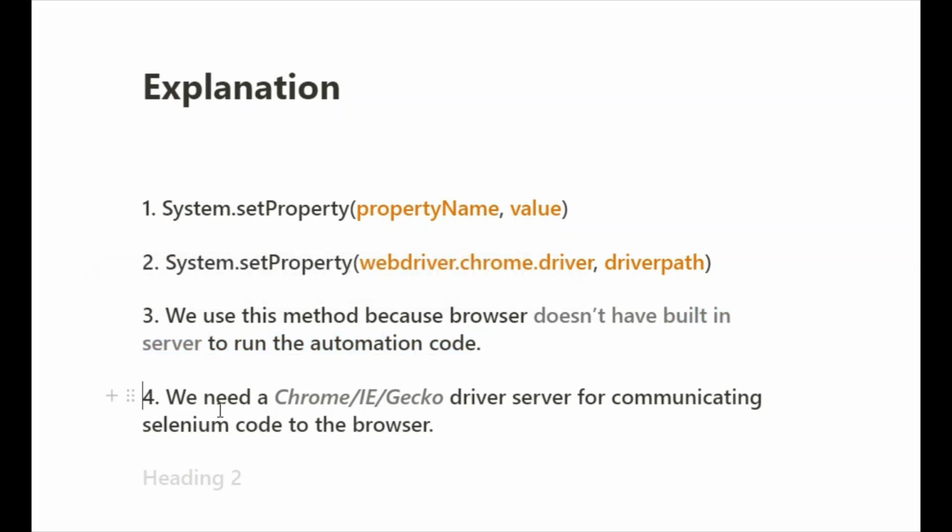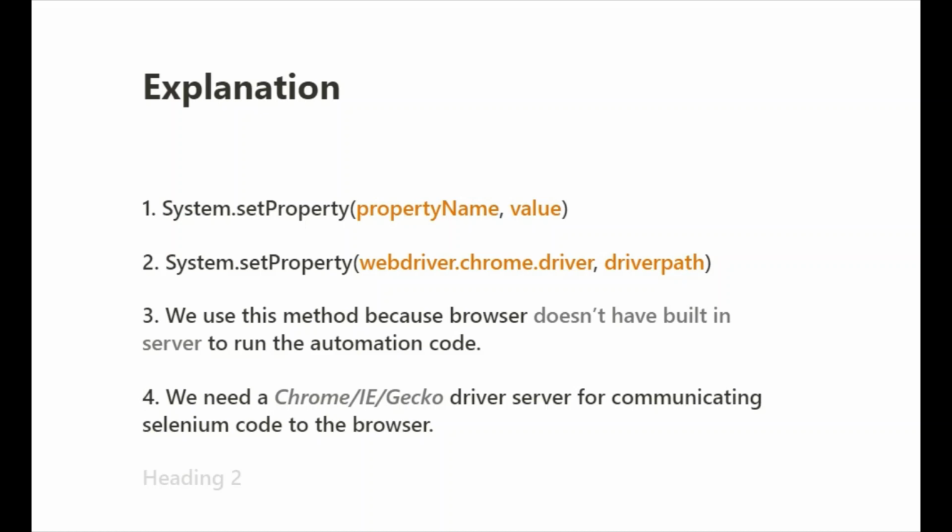The fourth point is that whatever browser you are using, we have to use a specific driver for communicating Selenium code to the browser. So we need drivers if we want to communicate with the browsers. That is how Selenium works, and that's why we need to use System.setProperty. These are the 4 reasons why we use System.setProperty.